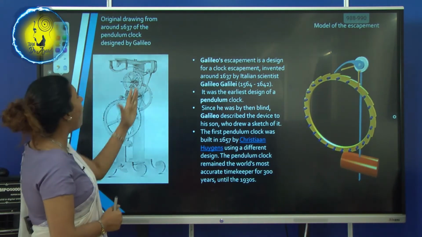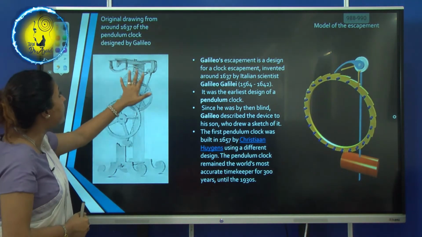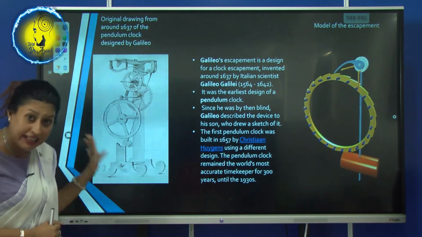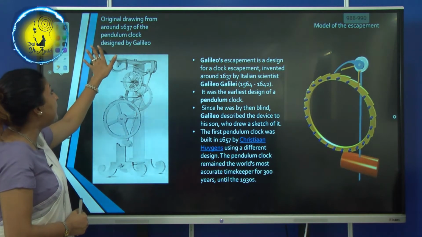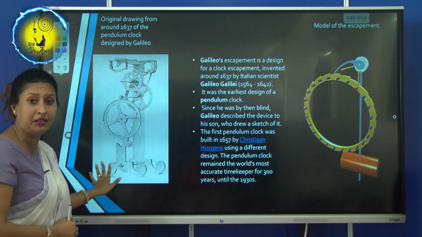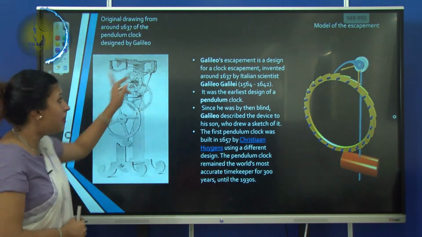So this is the original drawing. Now look at this, children. This is the original drawing from 1637. That's the year. Okay? 1637. The pendulum clock designed by Galileo. This is the original drawing that he designed.